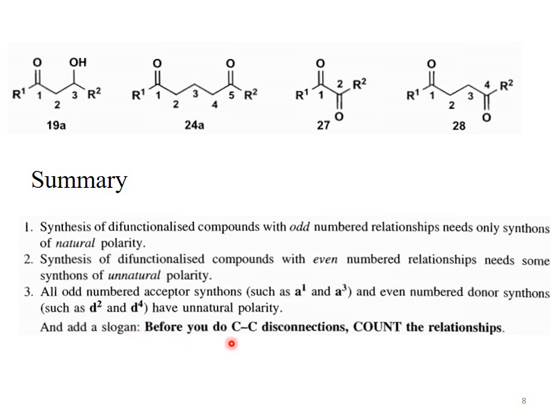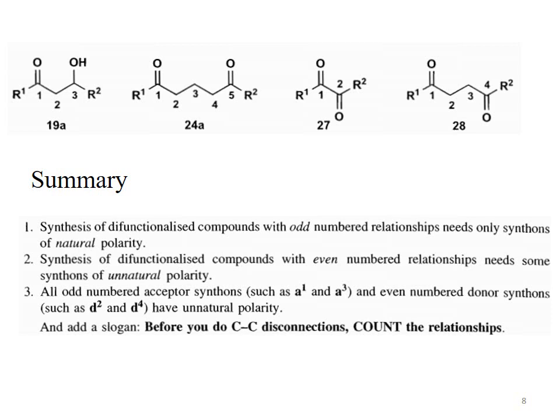All odd numbered acceptor synthons, that may be A1 or A3, and even numbered donor synthons such as D2 and D4 have unnatural polarity. And add a slogan: before you do carbon-carbon disconnection, count the relationship.